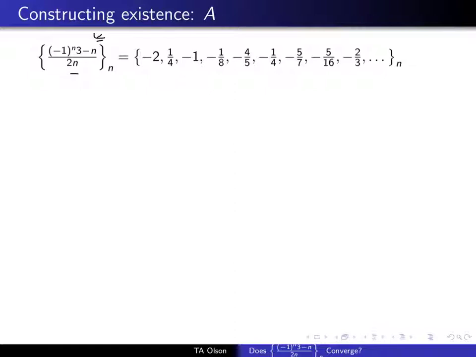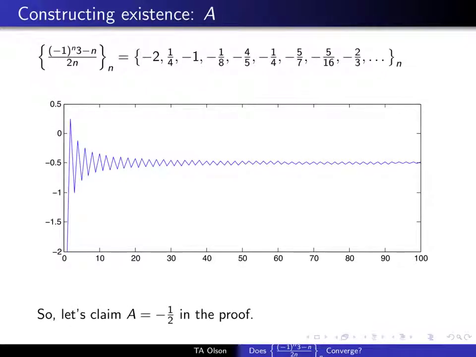The pattern doesn't really show itself for a while, but this is a MATLAB extrapolation of the first 100 terms, and we see that this eventually seems to settle down around -0.5. So let's, in the proof, claim that we have -0.5 as the thing that we're converging to. It sure looks like we're converging to that.